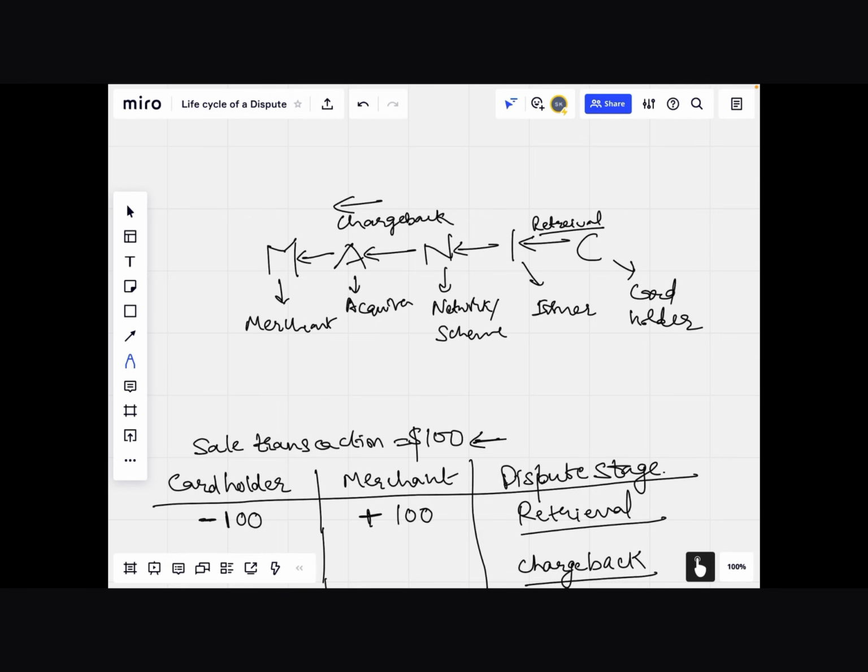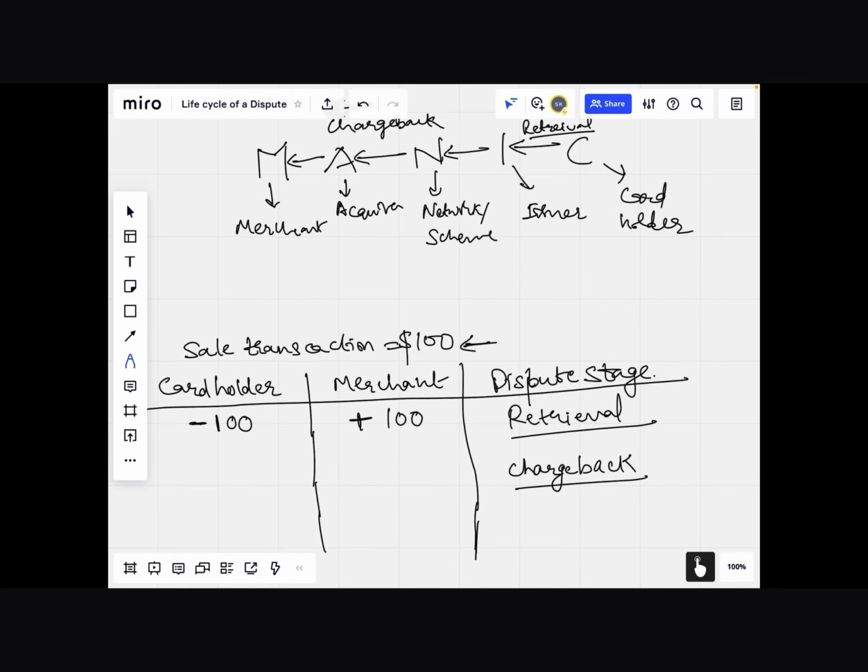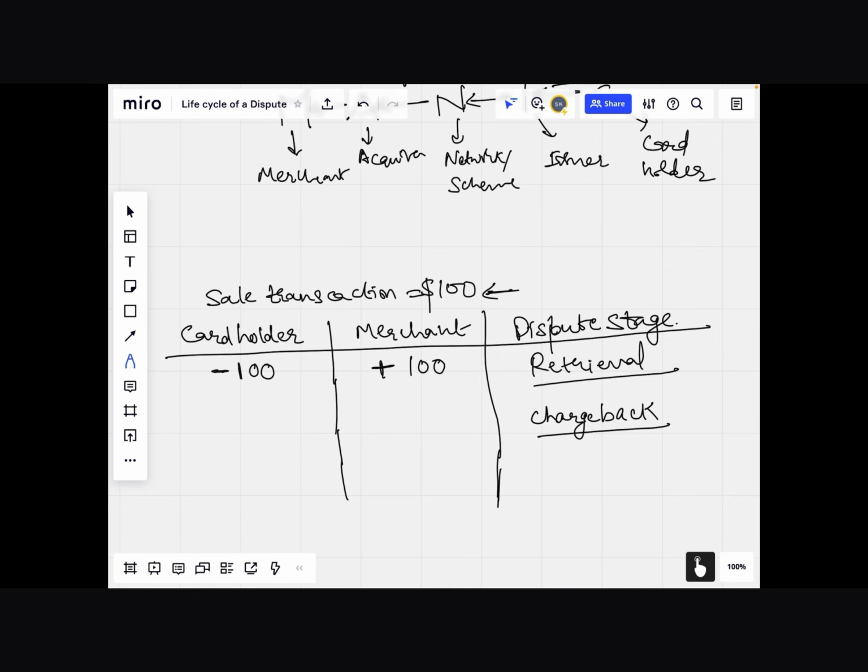So this is where the chargeback goes, and if the chargeback is successful, then the transaction is reversed. Now the cardholder is given his $100 back, and the merchant is debited the $100 from his account. This is only when the chargeback is successful.